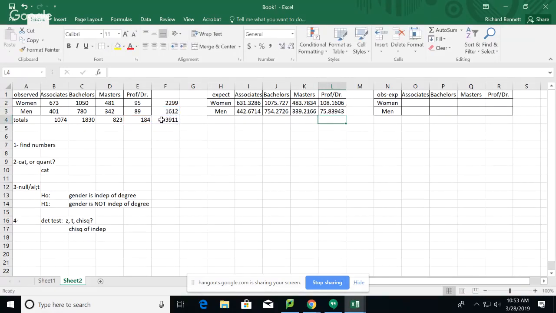Okay, now what? Observed minus expected. And this is where you've got to use parentheses or you'll get it wrong. The observed minus the expected, quantity squared, divided by the expected.